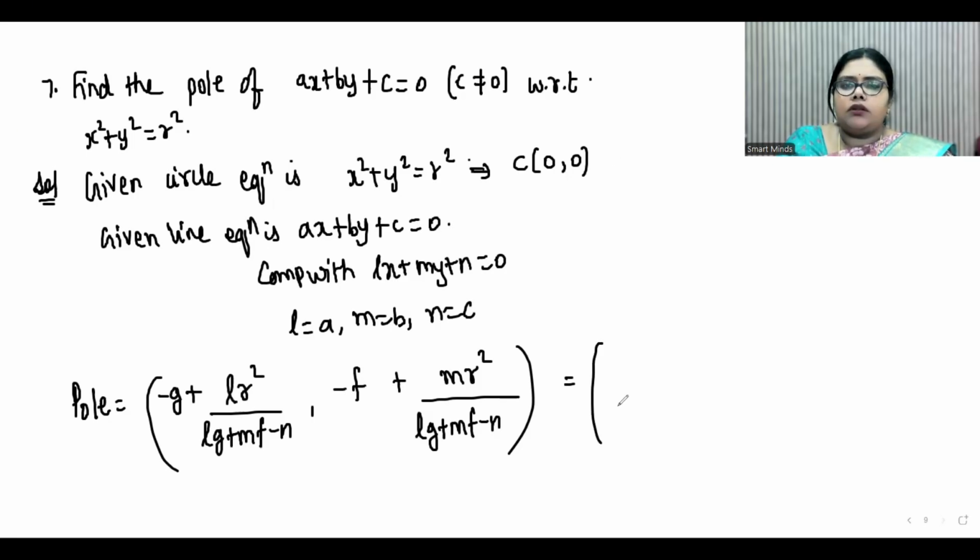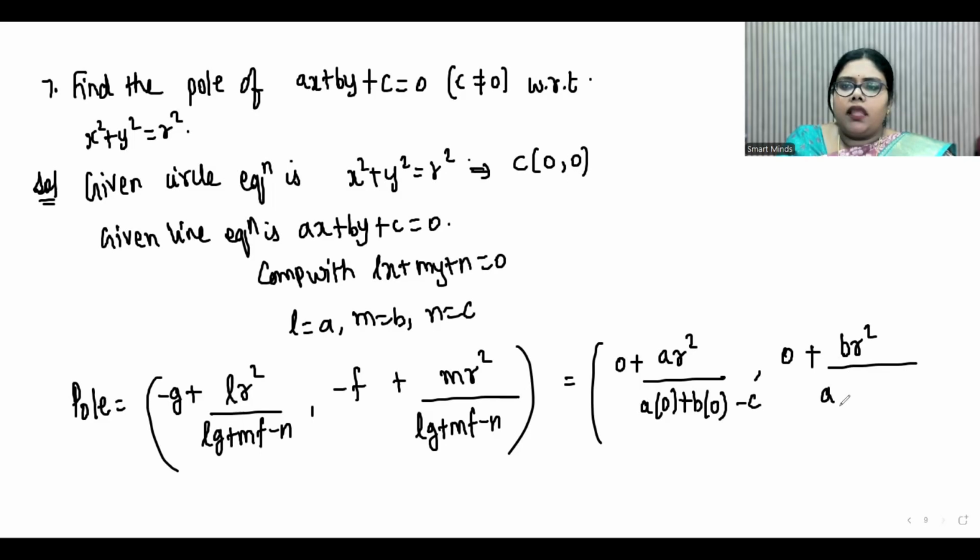So that is equal to (0 + ar²/(a·0 + b·0 - c), 0 + br²/(a·0 + b·0 - c)). So that is (ar²/(-c), br²/(-c)). This is the pole.